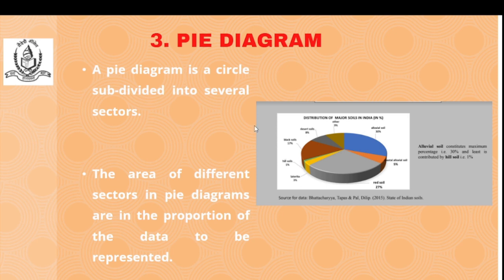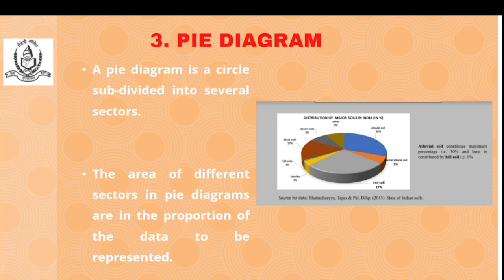Okay, so again, a representative pie diagram is being given here for your reference, and you can see here that there are different subparts or sectors being divided in this pie diagram, and each of them is representing a different type of soil.